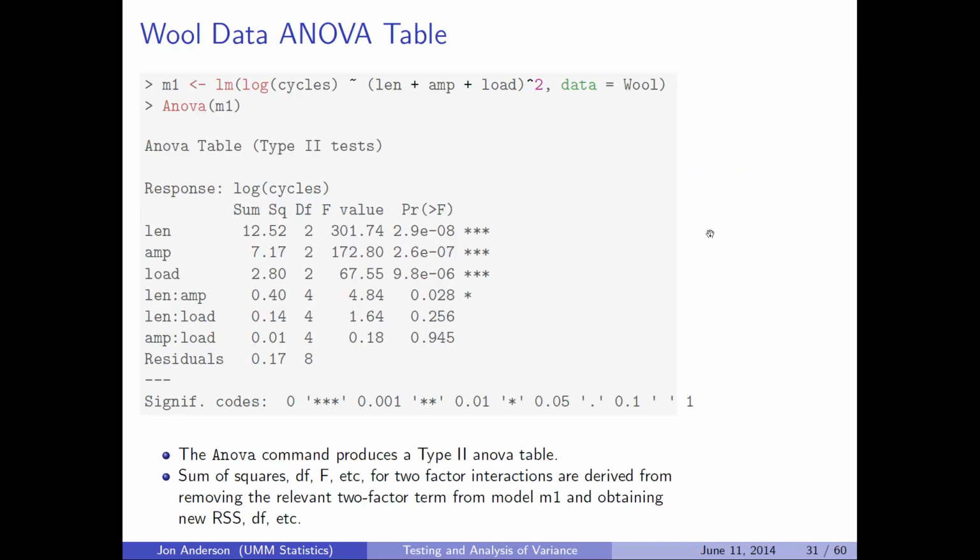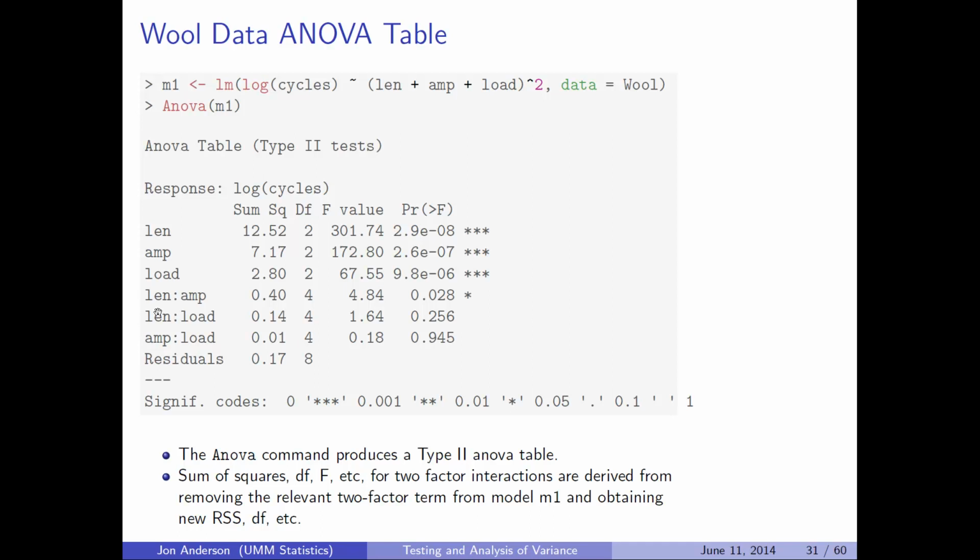Here is a model with the wool strength data, where we're explaining the log of the cycles it takes to break the wool with a very strange looking model formulation. Basically, this means that we have length, amplitude, and load and all of the two-way interactions. In the ANOVA table here, you'll see the main effects and all of the two-way interactions.